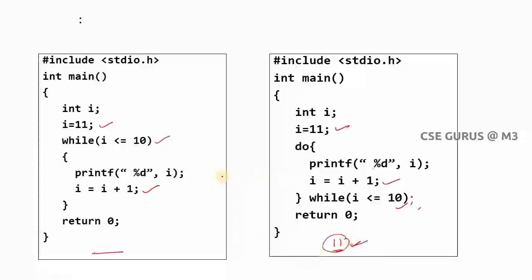So even if you give the same constraints, both programs do not give the same output. We can conclude that a while loop executes 0 or more times, whereas do while executes 1 or more times. That means at least once it will execute. That is the main difference you can see here.